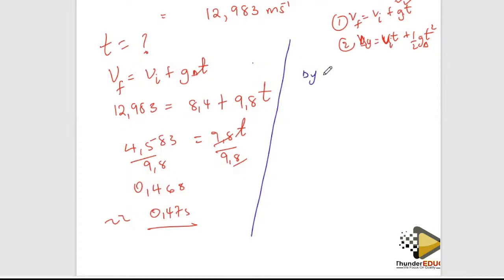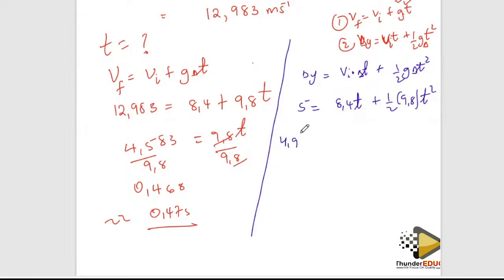If you look at the change of the delta y, it's VI delta t plus a half g delta t squared. So this is more like a quadratic. So if that is 5, that is 8.4t plus a half times 9.8 t squared. I can group everything to one side so I have a standard form. That's going to be 4.9 t squared plus 8.4t minus 5 is equal to 0.